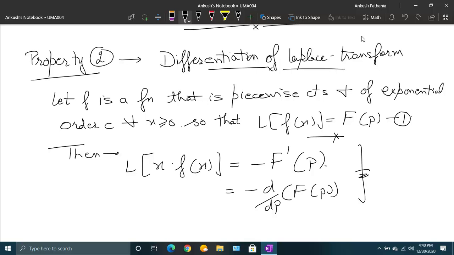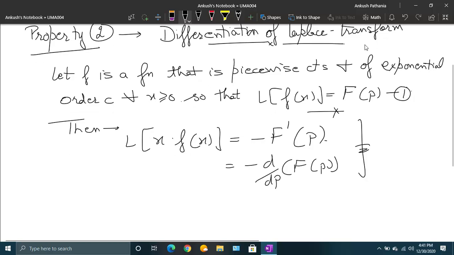So this property deals with the multiplication of x with f(x), the Laplace of the form x·f(x). This is the most commonly used form.